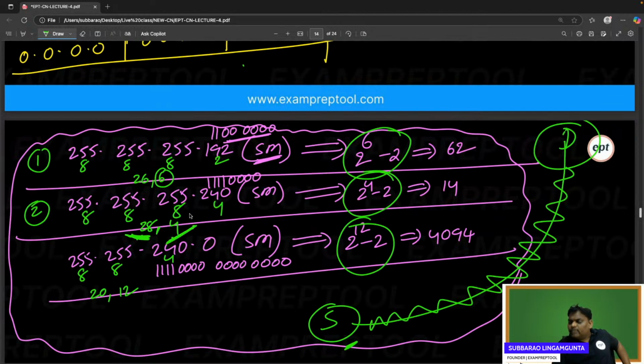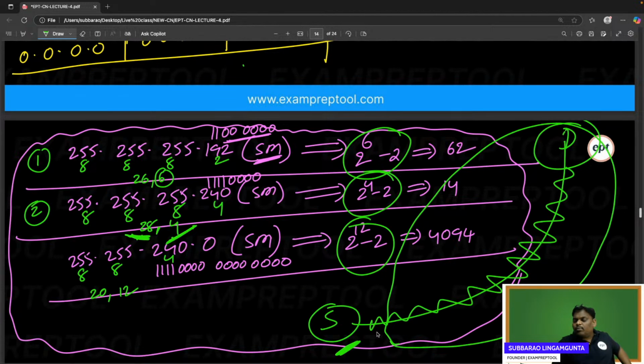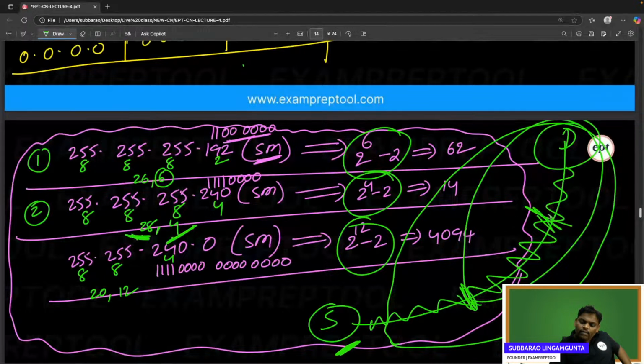Whenever you say less host, see this one. Whenever I am at source, to reach the destination, in between there are so many hosts. But when I go to here, in between there are fewer hosts. What I mean to say is, subnet mask more ones means hosts are less.